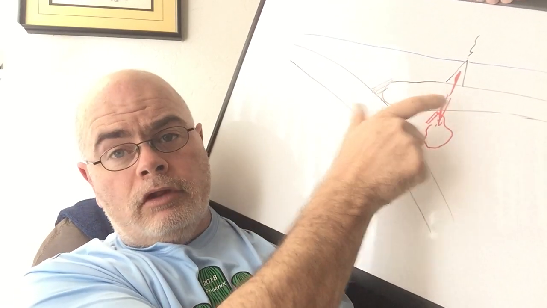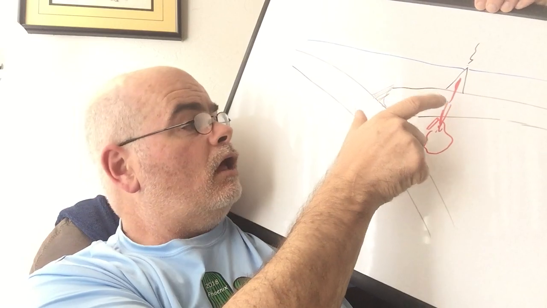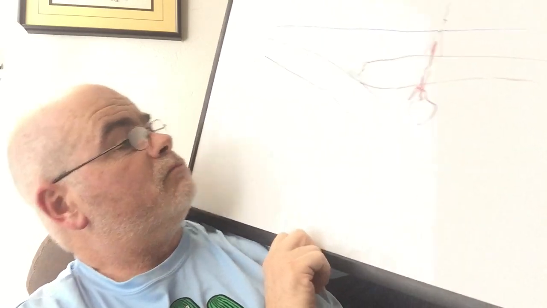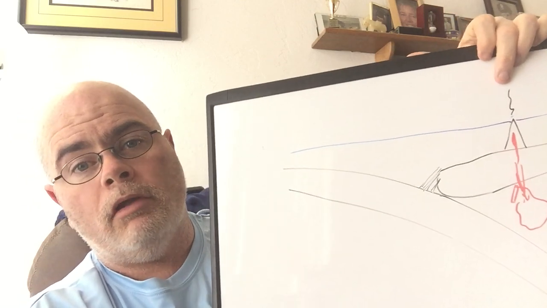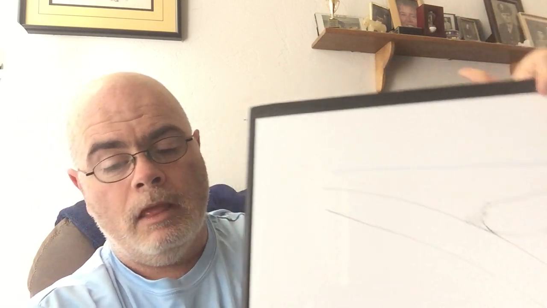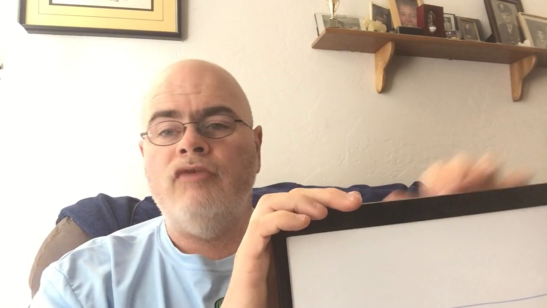So this can be closer for older plates, further away for younger plates that are subducting. But it creates this volcanic island arc, is what we call it, this line of volcanoes. One of the things that we can tell with this is the apparent age of the subduction zone, based on the volcanic islands that are created.